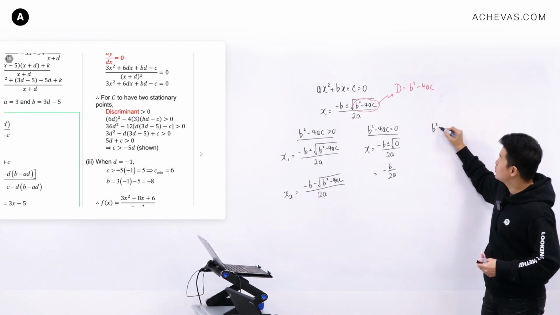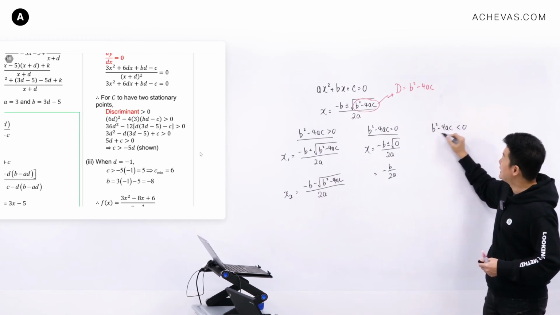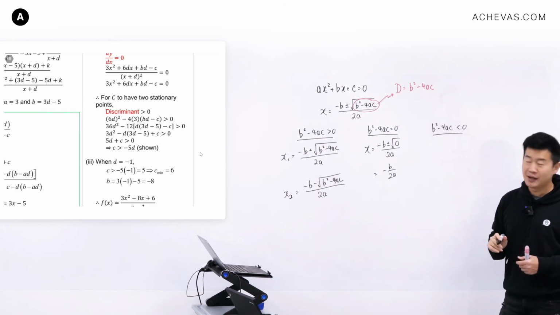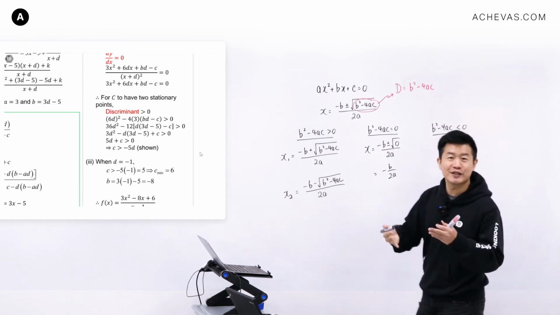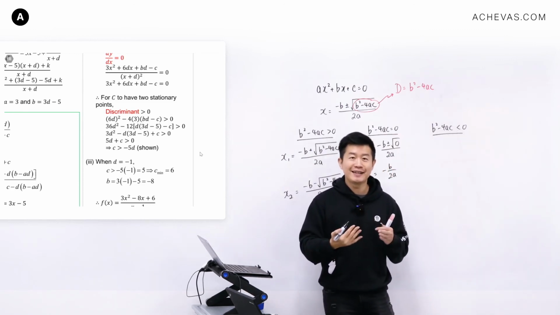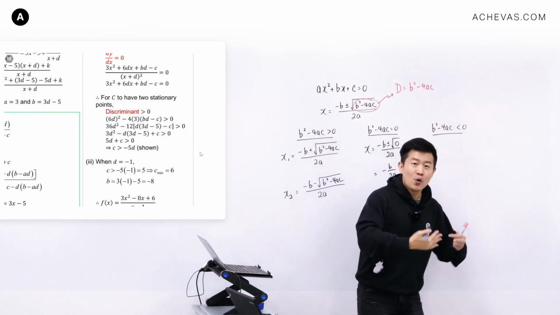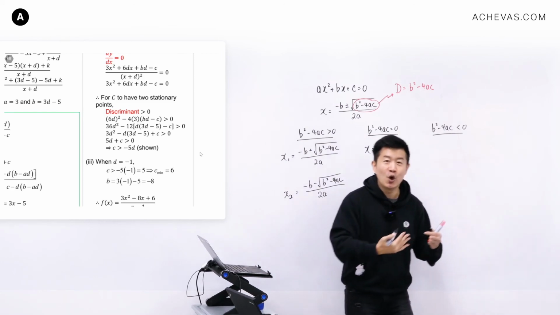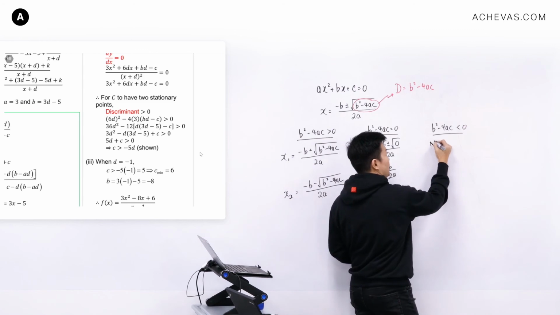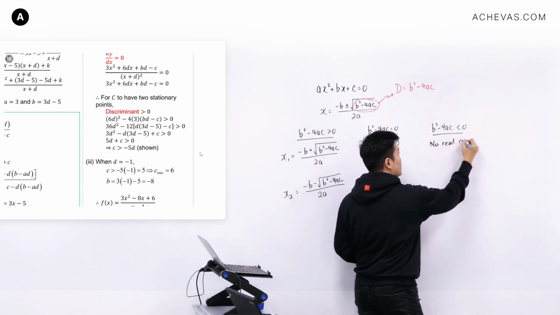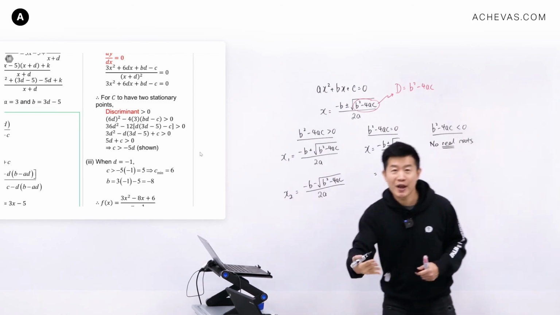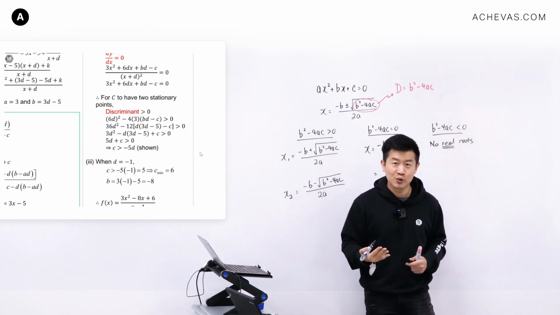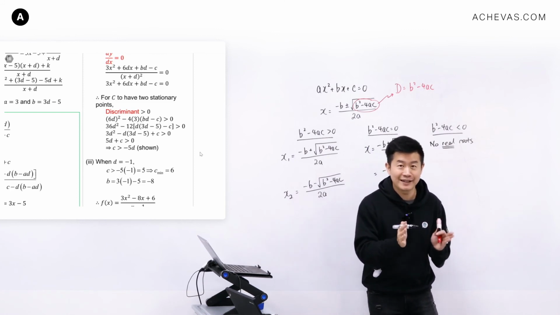How about when b squared minus 4ac is less than 0? Okay, Nigel just told us the answer. Nigel says that when b squared minus 4ac is less than 0, there are no real roots. We want to stress that there are no real roots because we are going to be learning it soon in the topic complex numbers.